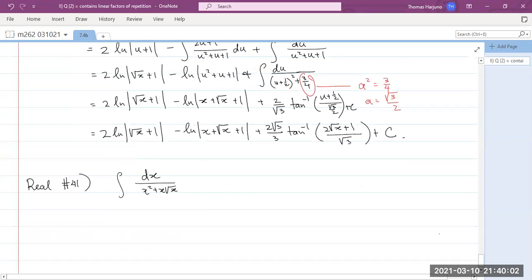With that substitution we made, u equals square root of x, u squared equals x. 2u du is dx. So now this becomes integral 2u du on the top. Here we get u to the fourth. Here we get u cubed. Cancel one of the u.